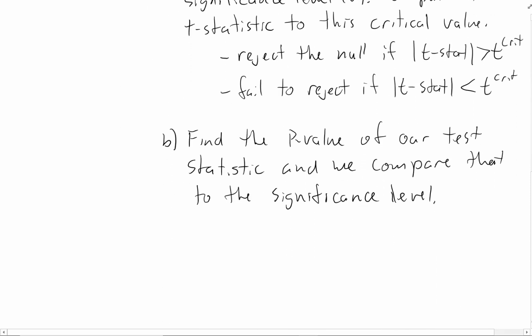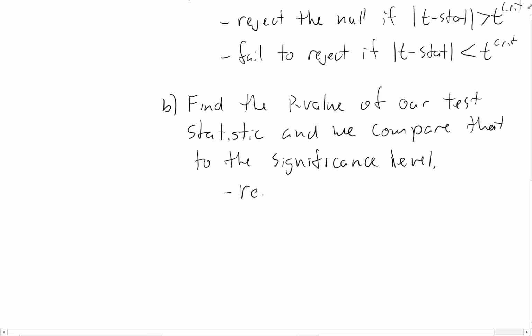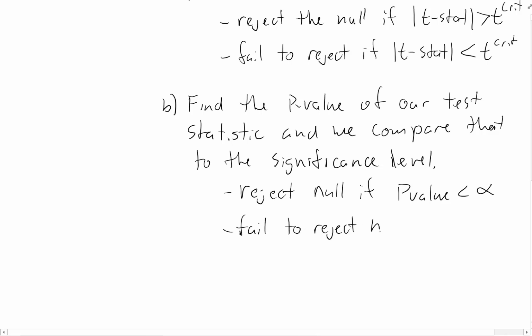Okay, and so we're going to reject the null if your p-value is less than alpha, so that significance level. You're going to fail to reject the null if your p-value is greater than alpha.